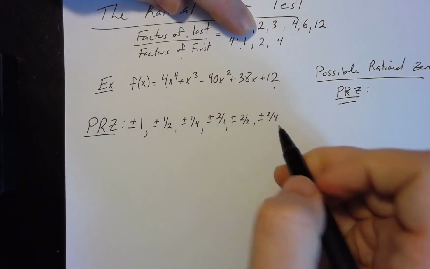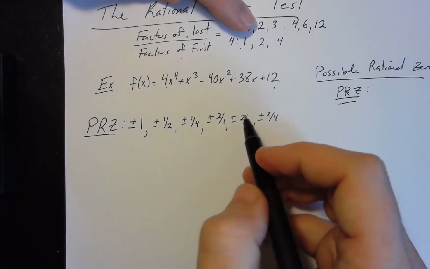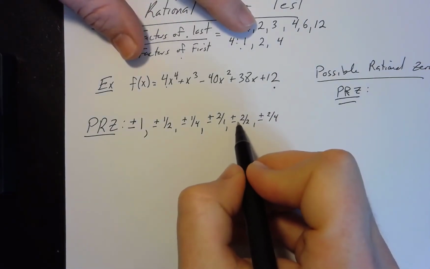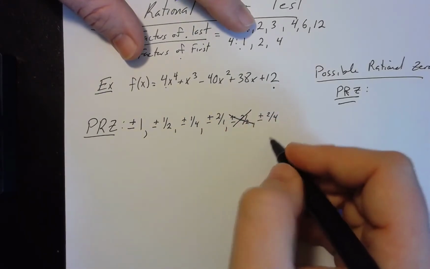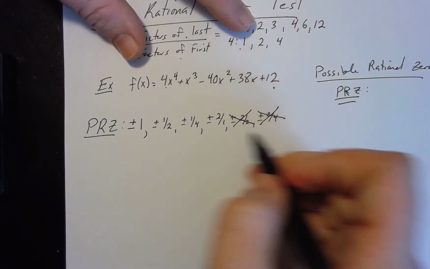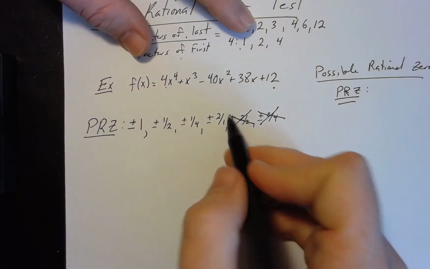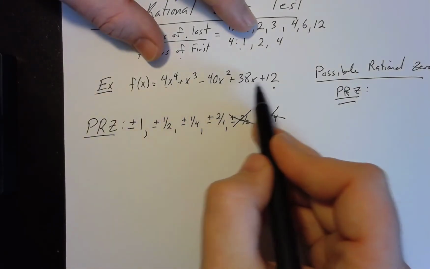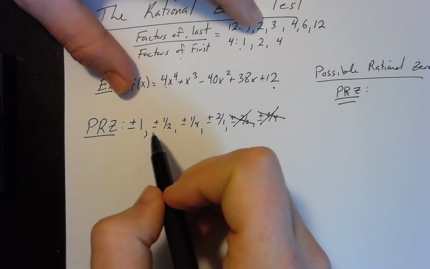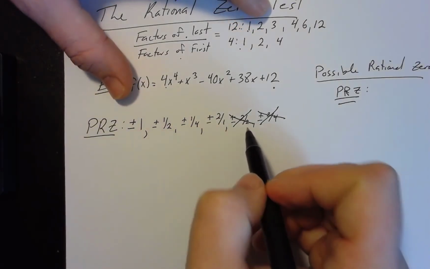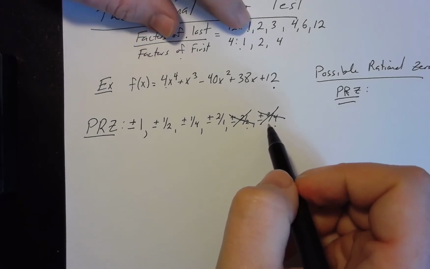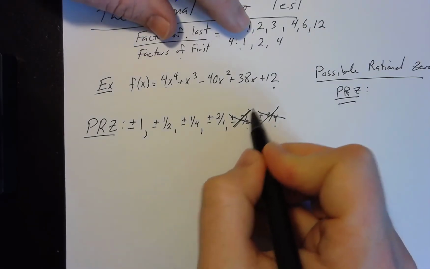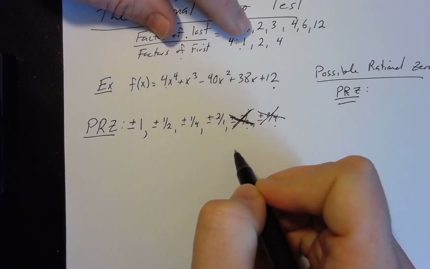Now, there's a little problem with the values I'm currently picking here: plus or minus 2 over 2 is repeating itself. We do not want to see those repeated values. The intent is to create a list of possible zeros that we can attempt to divide this thing by, and if I'm doing repeats of numbers, I'm just wasting time, and we want to avoid that at all costs. So anytime you have a repeat, either cross it out, or just don't write it.